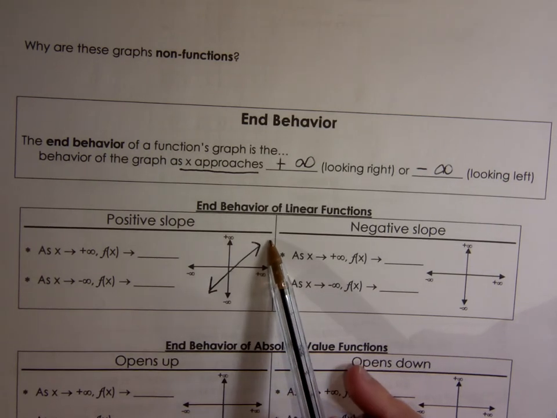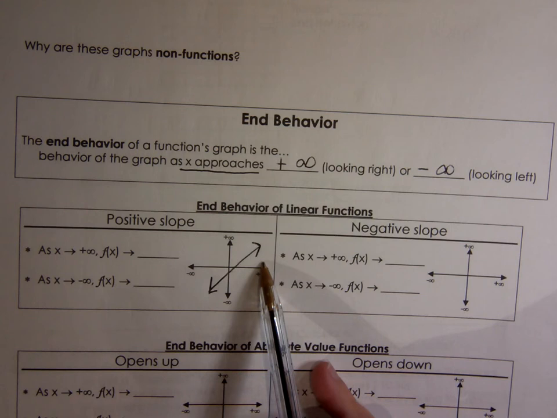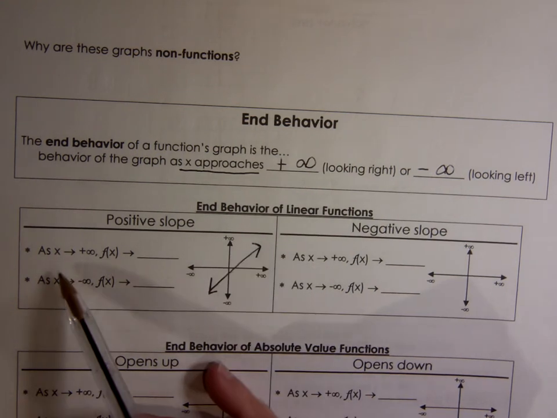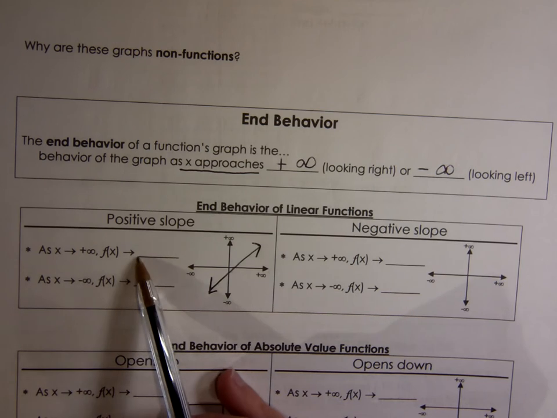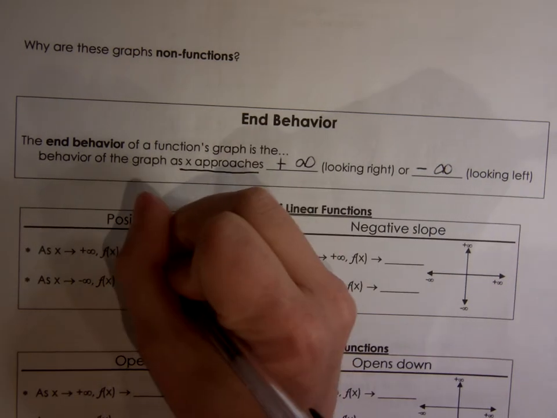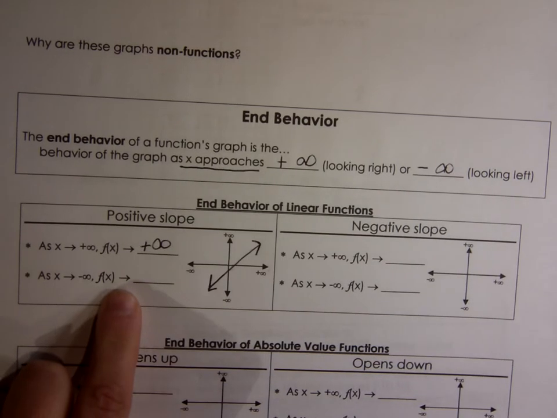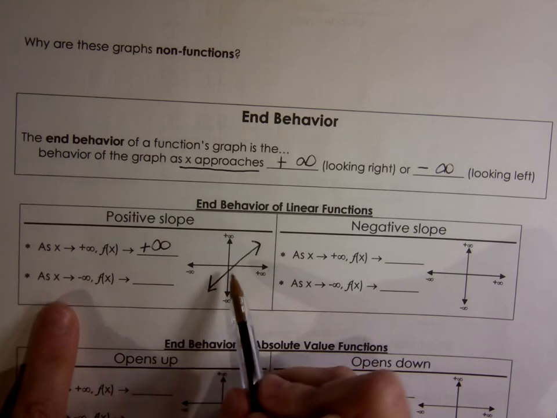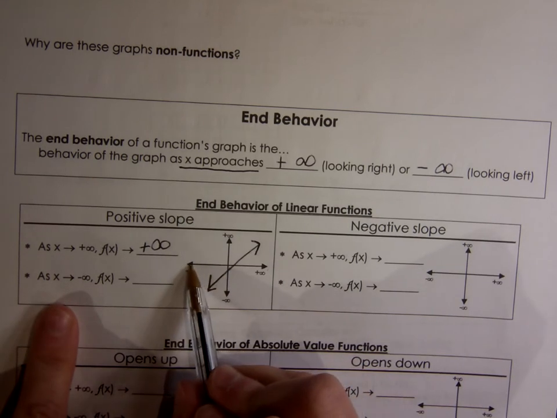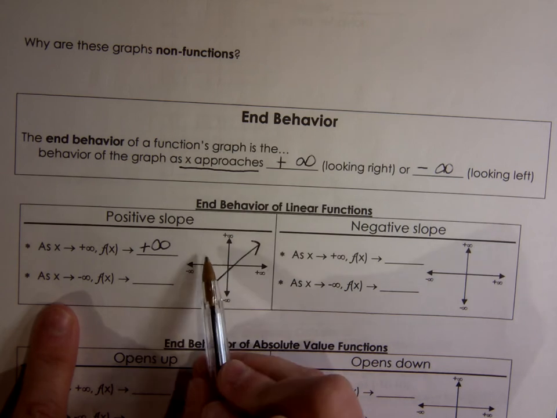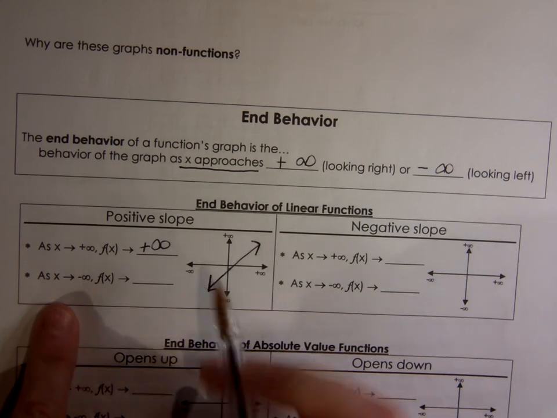And because there is an arrow pointing up, we would expect our y values, or our function, to approach positive infinity. So the arrow represents the language of approaches. And as x approaches negative infinity, we see that we have an arrow pointing down, which means that our function is approaching negative infinity.